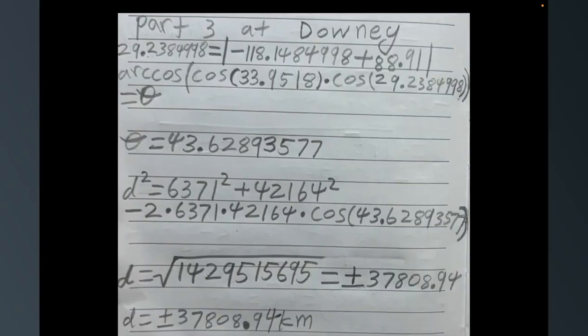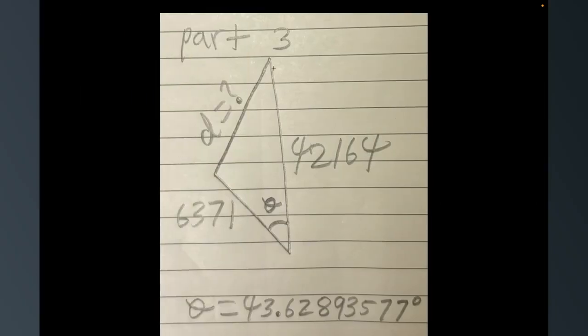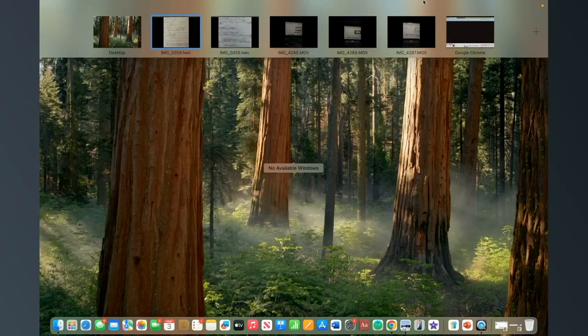So all those numbers together is equal to this number, and d is equal to the square root of that number. So d equals plus minus 37808.94 kilometers. So this is how far I'm to the satellite in that video.